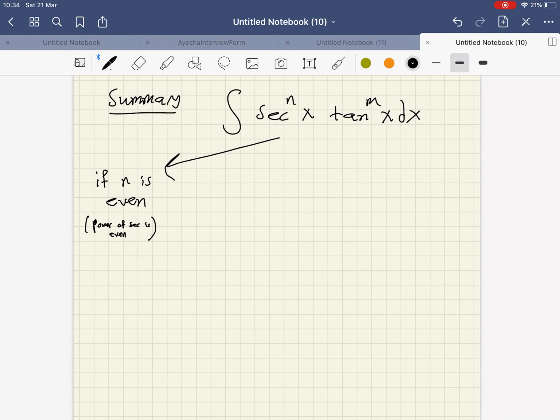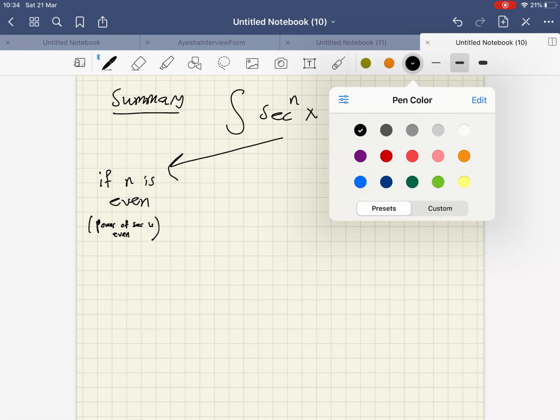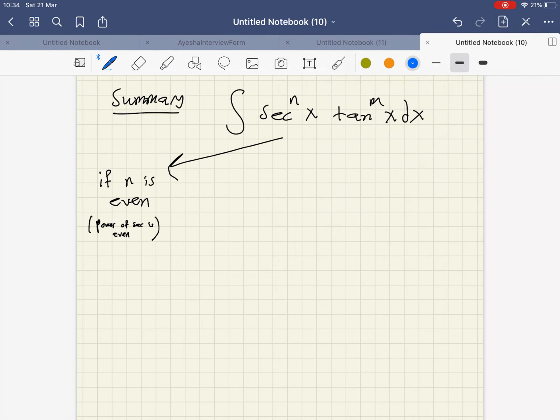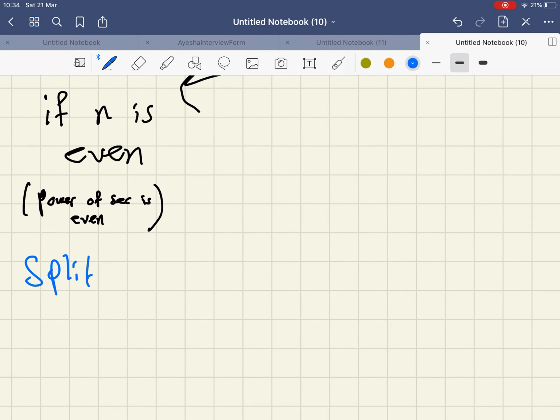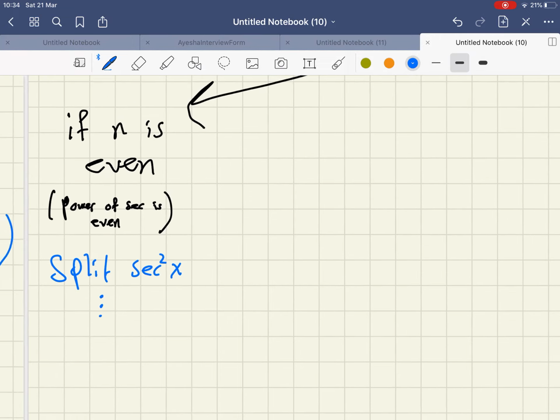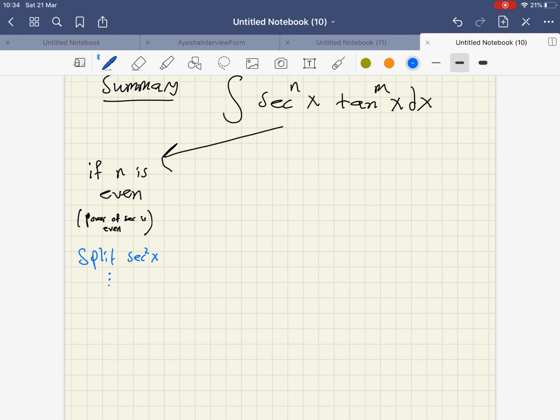If the power of secant is even, the first thing we need to do is split off secant squared of x, and then we do the steps that we explained in the previous video.